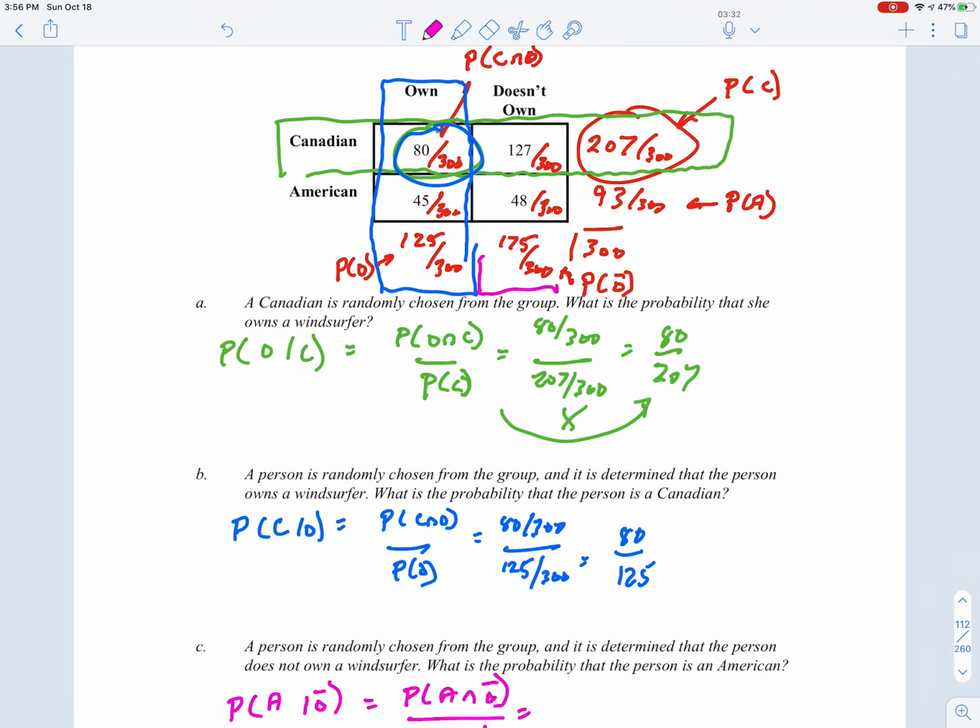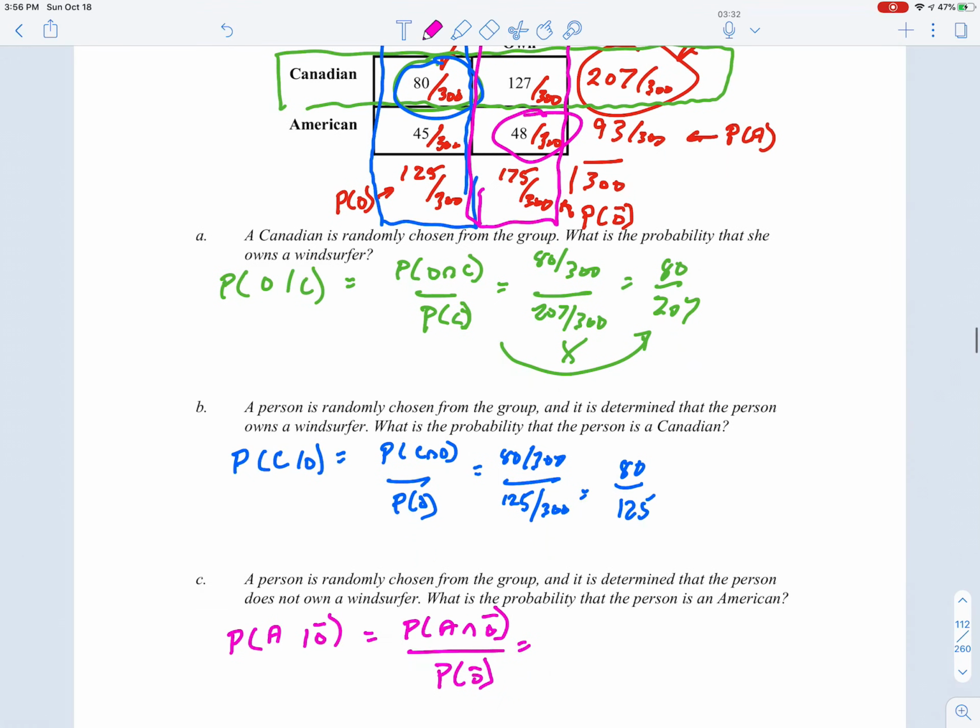So what we're doing is focusing in on this column, and we'll be looking at the Americans in there. So that's going to be 48 out of 300 over 175 over 300, or you could just jump straight to 48 over 175.